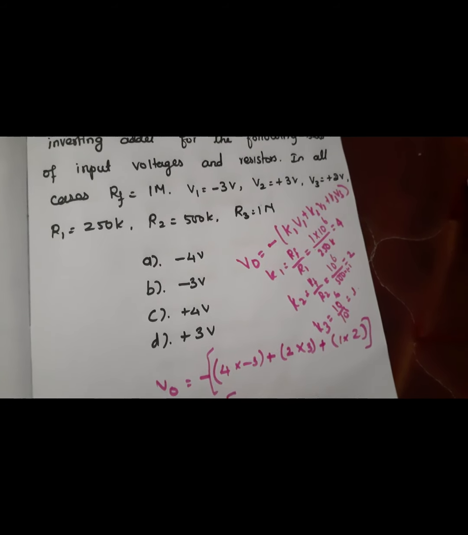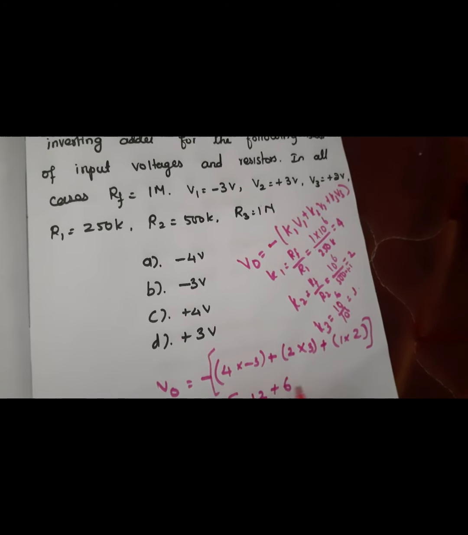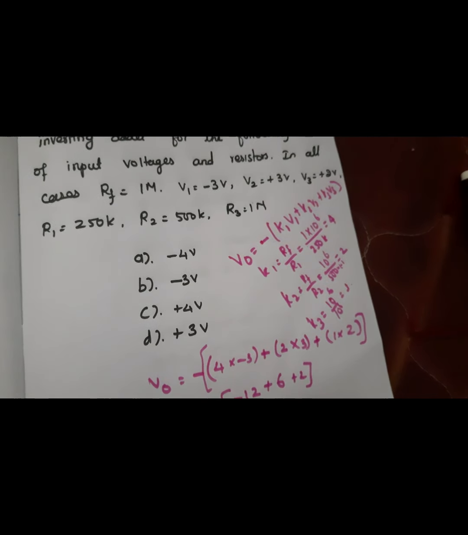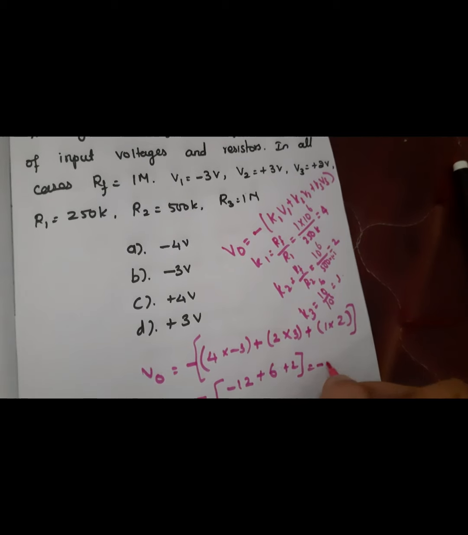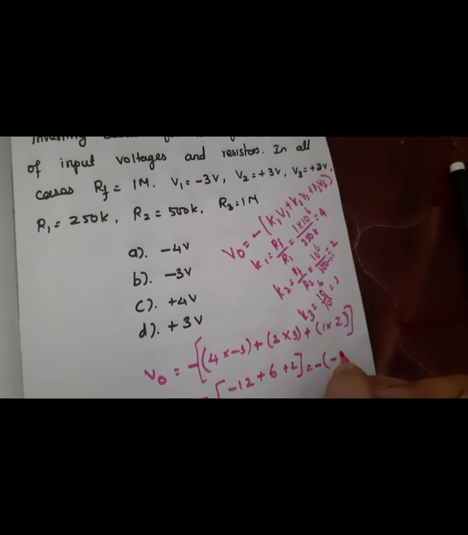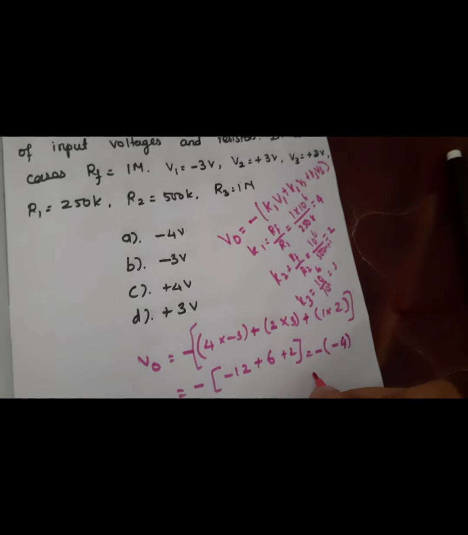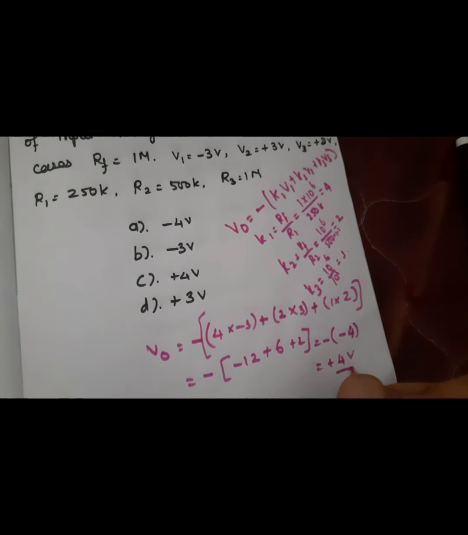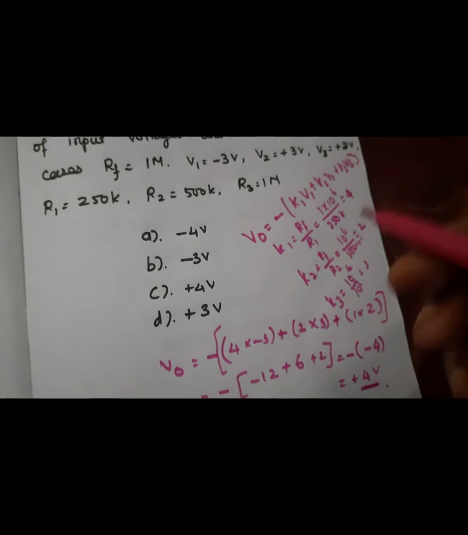So we will get minus of minus 12 plus 6 plus 2. So 8 minus, this is equal to minus of minus 4. So that becomes plus 4 volt. So here the answer is C, plus 4 volt.